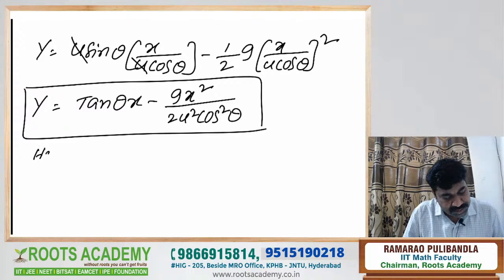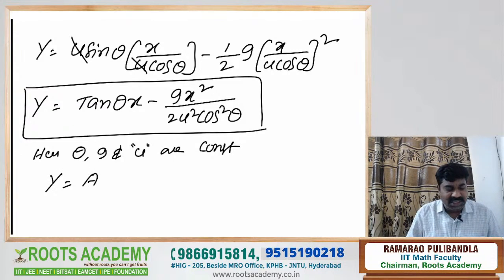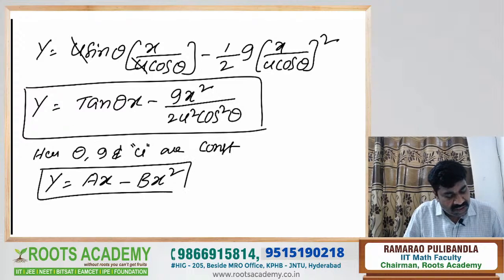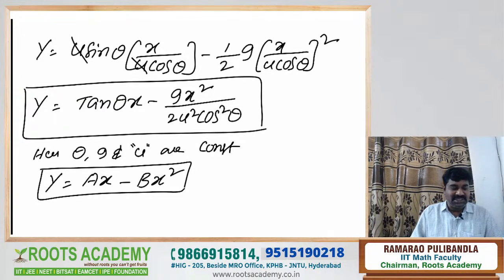Here theta, g and u are constants. So y can be written as a constant a times x minus a constant b times x square. y is equal to ax minus bx square.